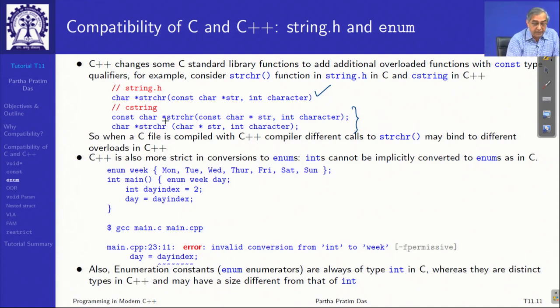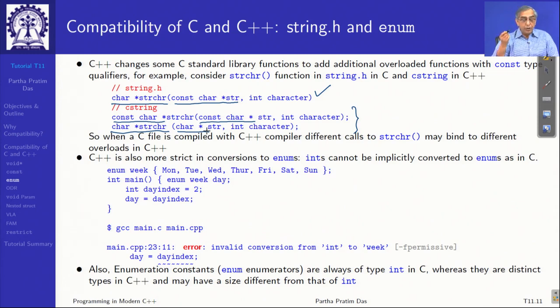Here, if you see the difference, in C this returns a pointer to character and takes a pointer to constant character. In C++, there are 2: one takes a pointer to constant character and returns the same type, and the other takes a pointer to character and returns the same type.